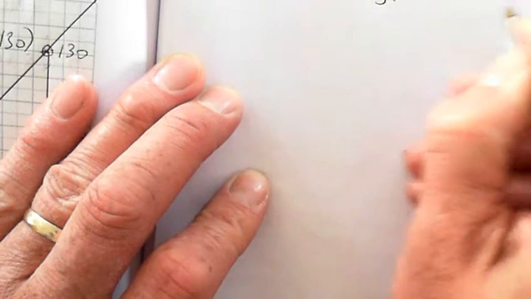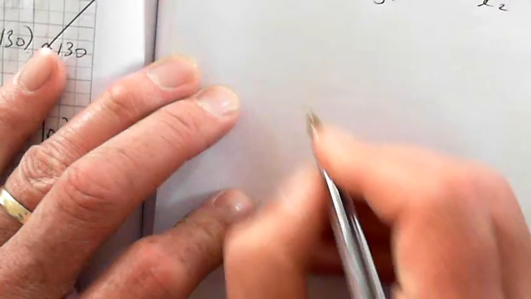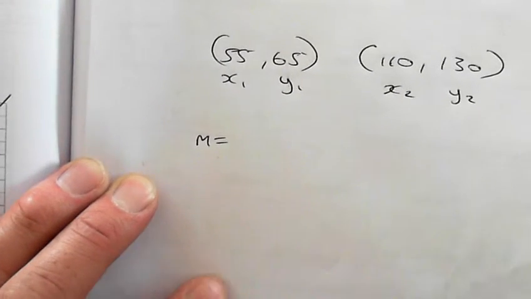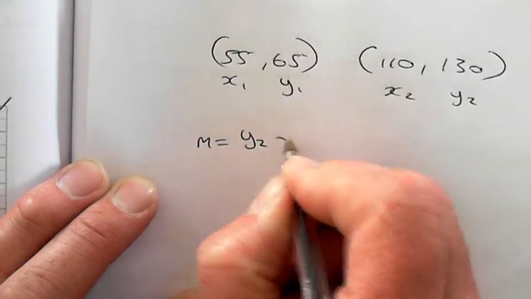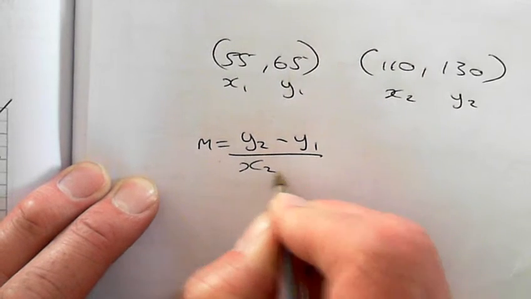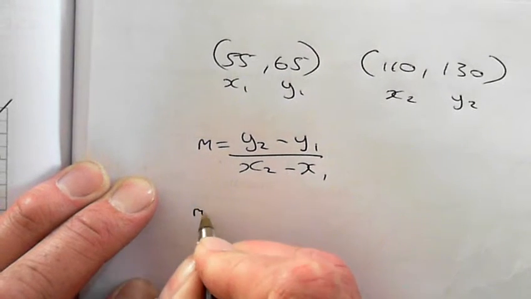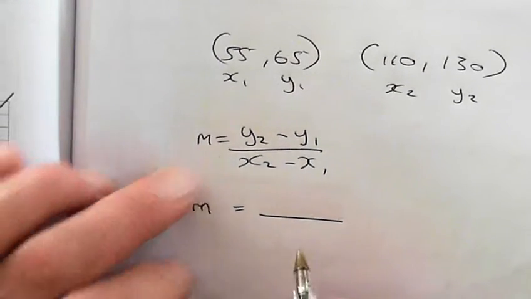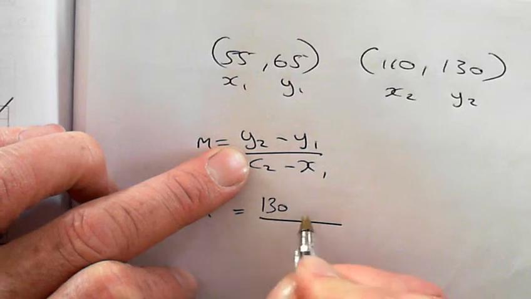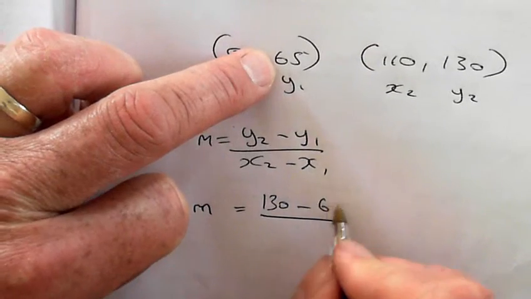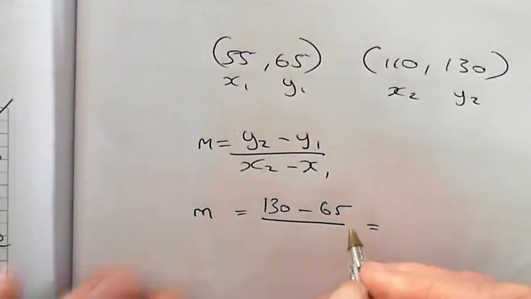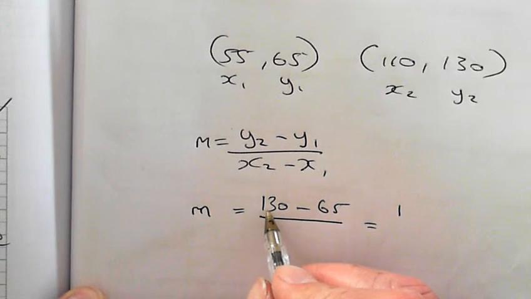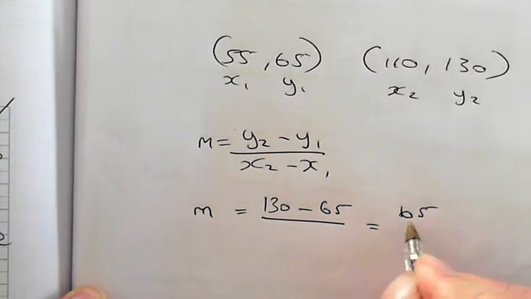Mark it x1, y1 and x2, y2, and you use the slope of the line formula: y2 minus y1 over x2 minus x1. Is it not x2 minus x1 over y2 minus y1? No. Y2 is 130 minus y1, 65. So on top, 130 minus 65 is 65.